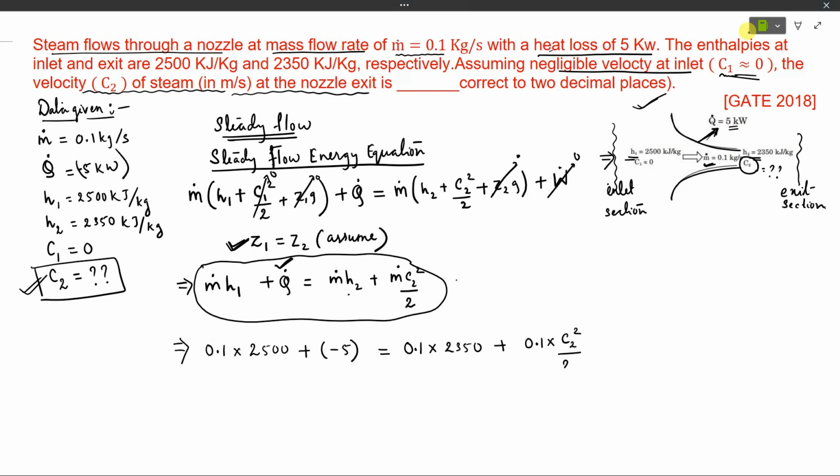Now we have to take care of the units. It means we have to balance the units of all the energies. The enthalpy is given in kilojoule per kg, so the kilo term is there. The mass flow rate is given in kg per second. The heat loss is mentioned in kilowatt, that is kilojoule per second.